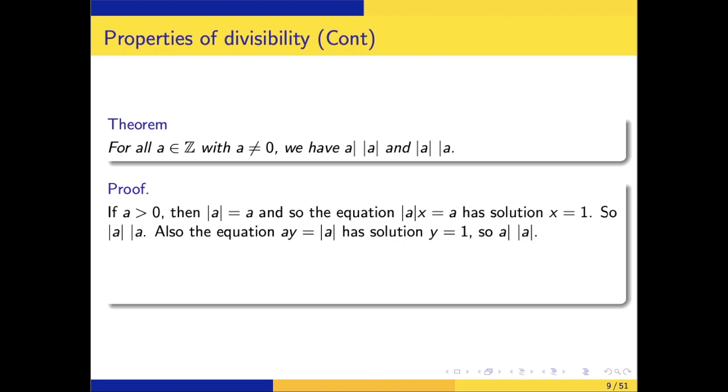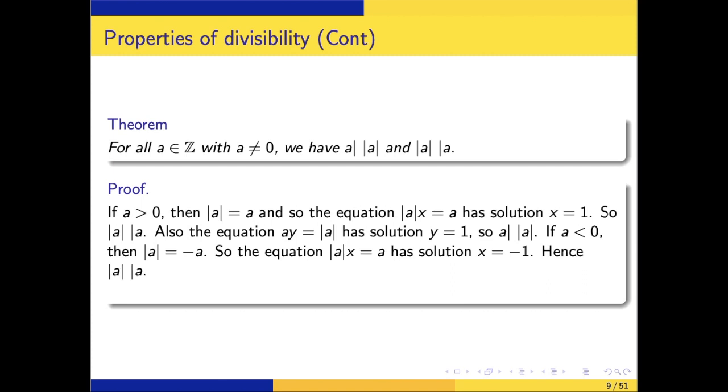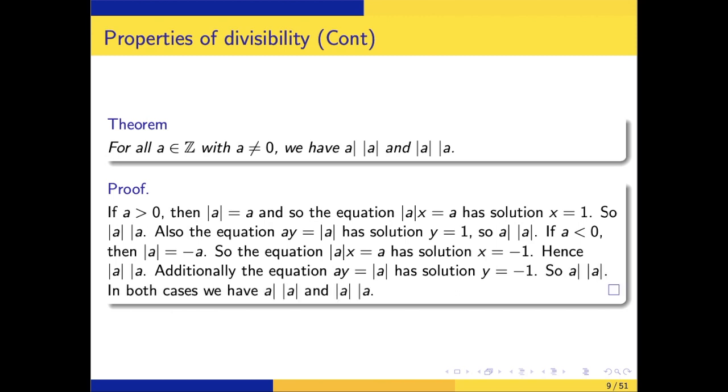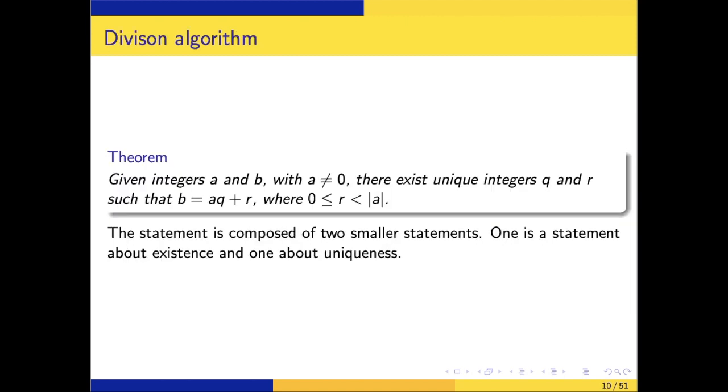Thus a divides |a|. If a is negative, then |a| = -a. So the equation |a|x = a has solution x = -1. So |a| divides a, and the equation ay = |a| has solution y = -1. So a divides |a|. In both cases, we have that a divides |a| and |a| divides a.